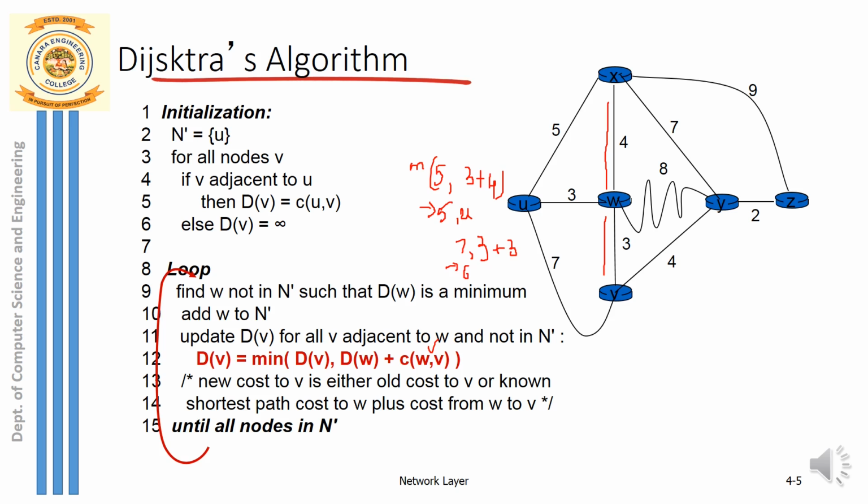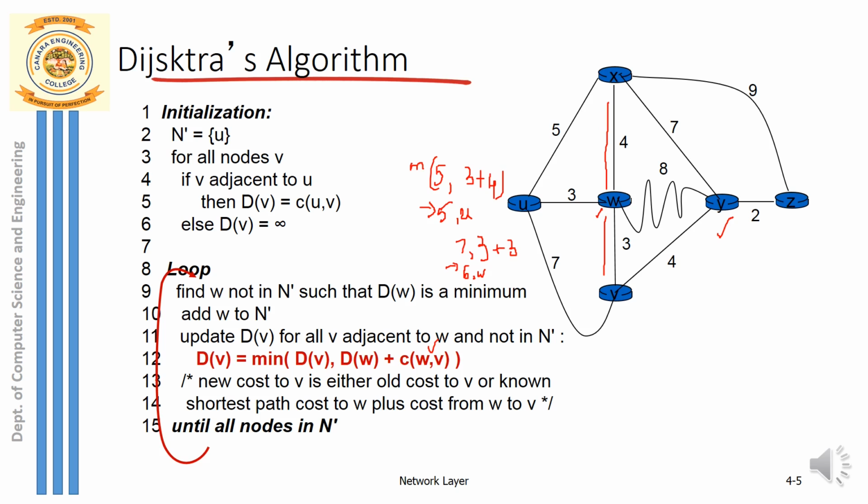So now we know that the least distance from u to v is 6, and we have reached v via the previous node w. So I need to update my previous node also to reach the node v, that is w: 6 comma w. That is the new distance. Earlier from u to v it was 7, replace that with 6, and the previous node to reach v is w. Remember this. This is how you have to calculate. Continue with the next node, which is a neighbor of the node w.